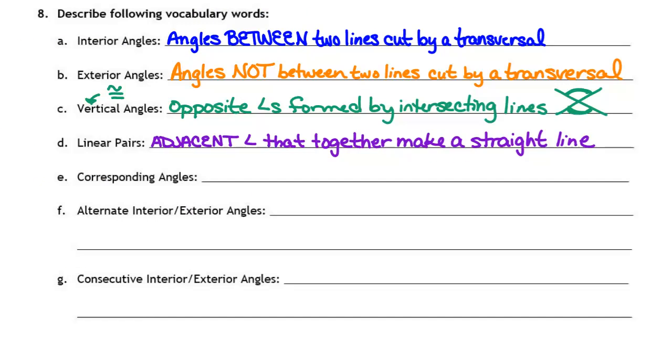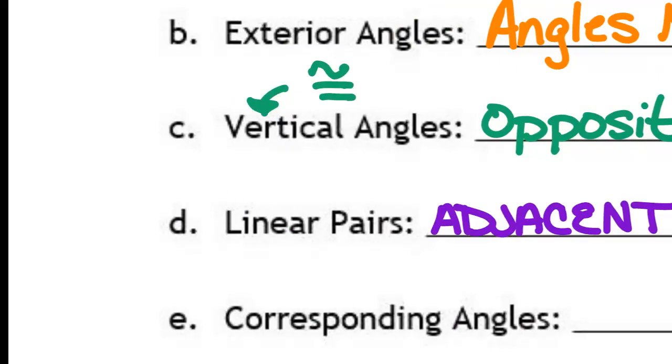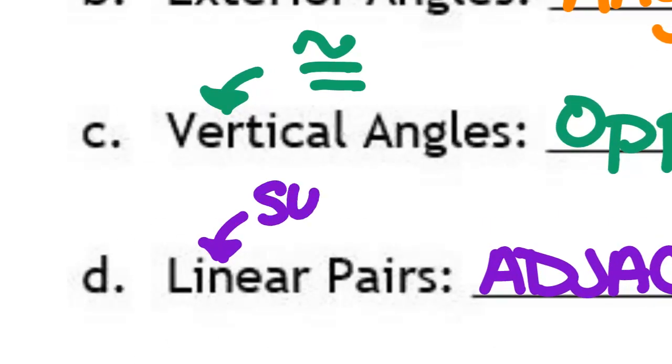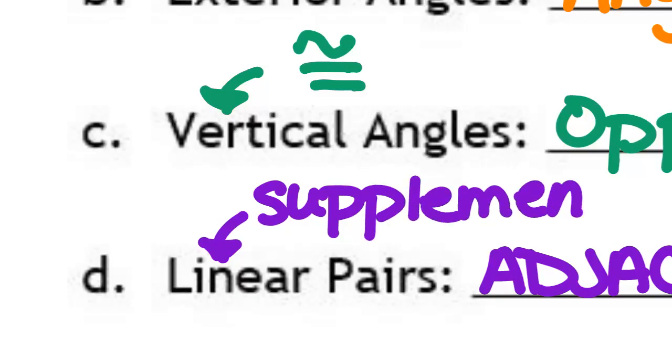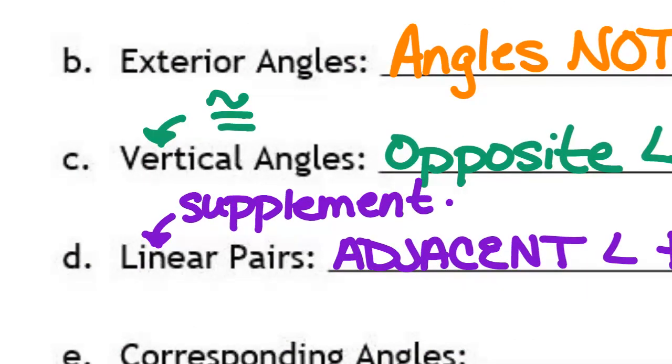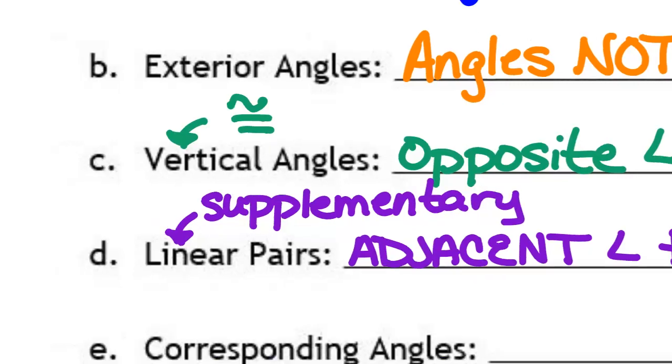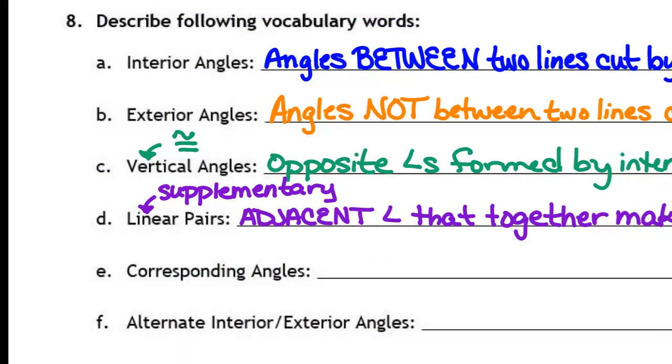What's the relationship for linear pair angles? Are they also congruent? No. What's the other relationship that we've talked about? If they're not congruent, they are supplementary. Vertical angles are always congruent. Linear pair angles are always supplementary.